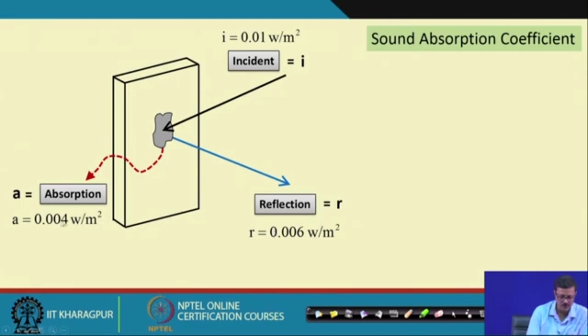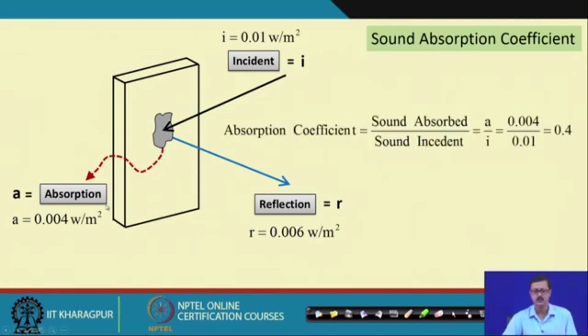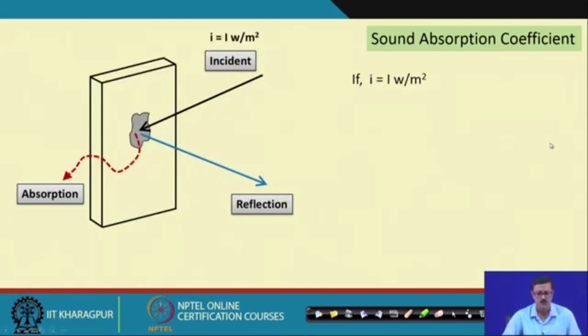So, 0.004 watt per meter square is absorbed. So, I can say the absorption coefficient of this panel is 0.4, because A by I is 0.004 by 0.01.